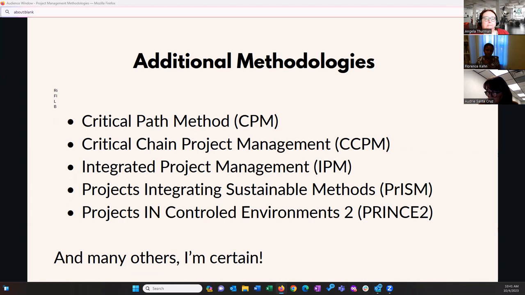Integrated project management considers the work of others that must also be included. So this is for very large projects. When I worked for NASA, we had an integrated project management plan because while I was working on the load converters for the space station, someone else was working on another element of the power management system.